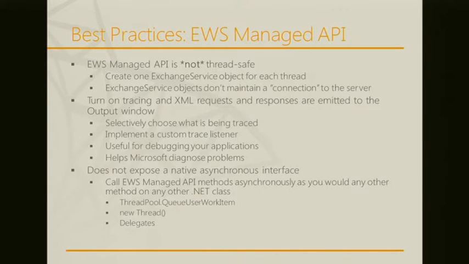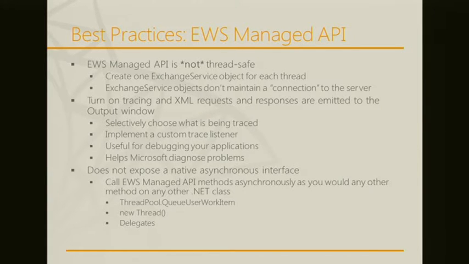Tracing is your friend. Once you enable tracing, it will help you as well as Microsoft support. Let's say you run into some issues, how can you track those issues? It could be as simple as my request is not working, or I'm running into some performance or latency issues.